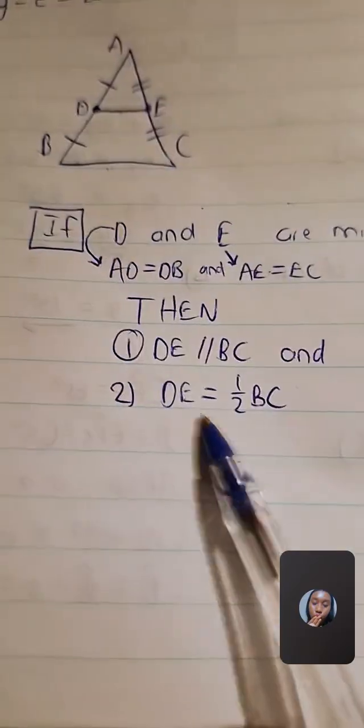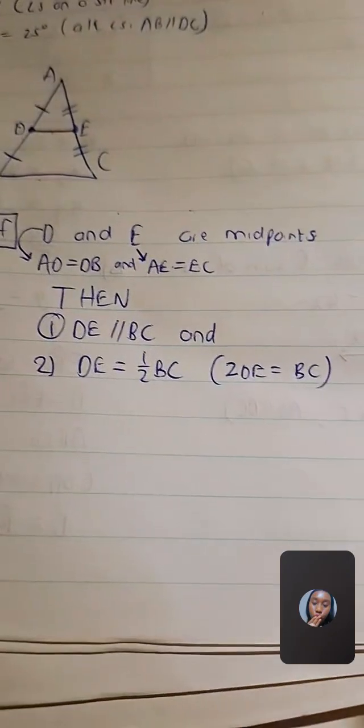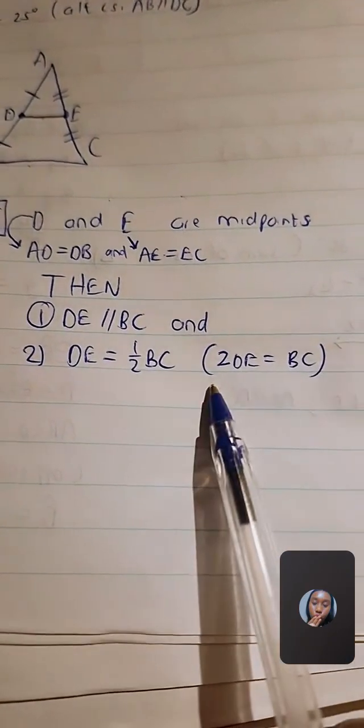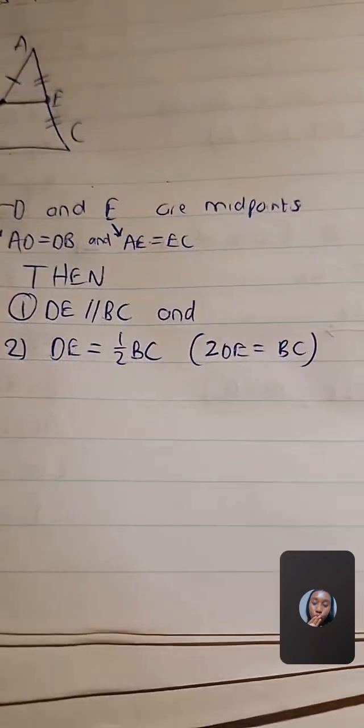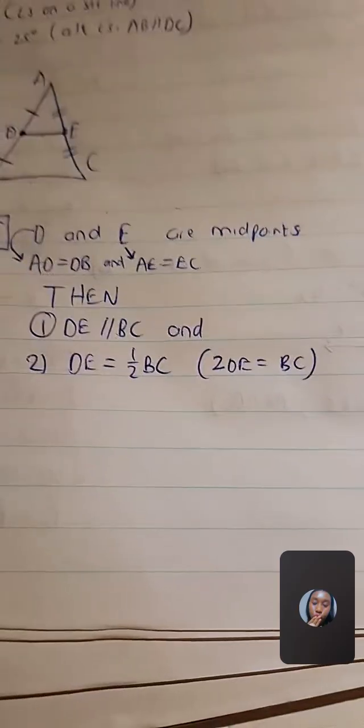Remember, we are saying DE is half BC. Or you could say 2 times DE is equal to BC. Looked at another way, 2 times DE is going to give you BC.